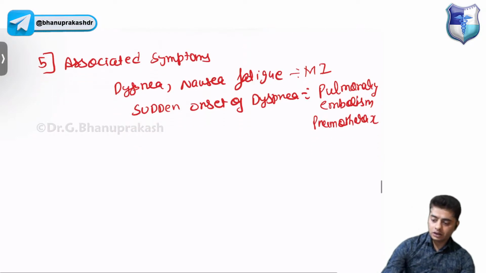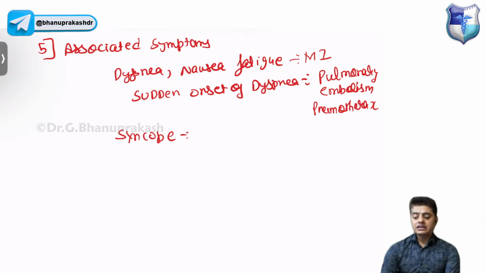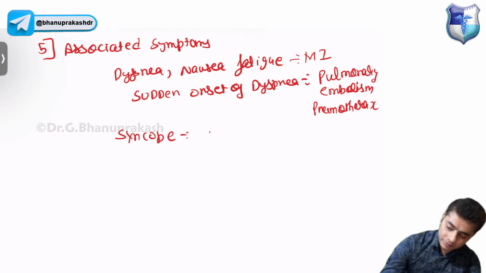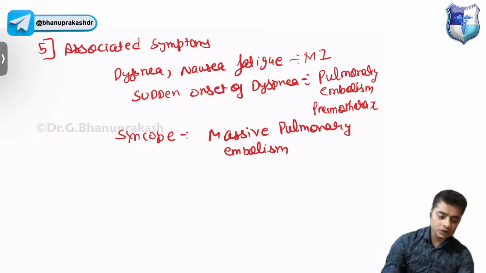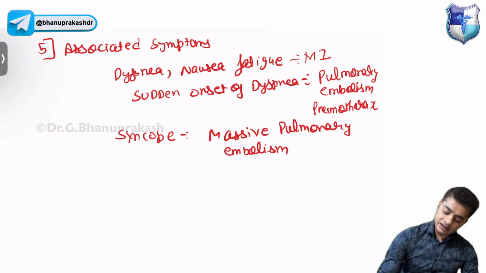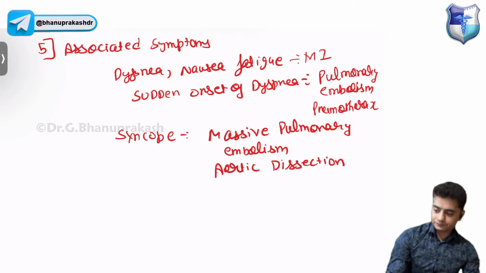Okay. Now, we come to the syncope part, in which you can get syncope. Syncope can be there when there is a massive pulmonary embolism, or whenever there is an aortic dissection.